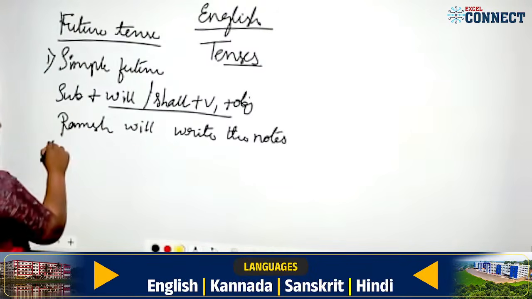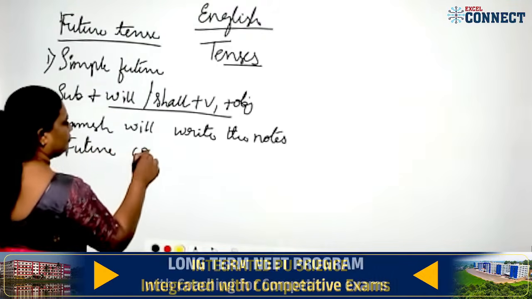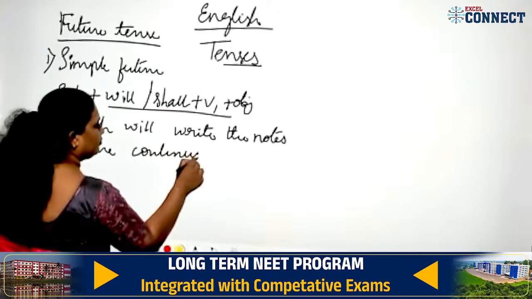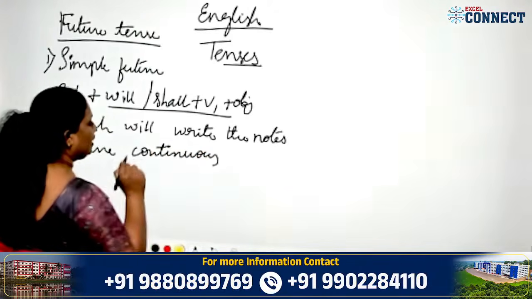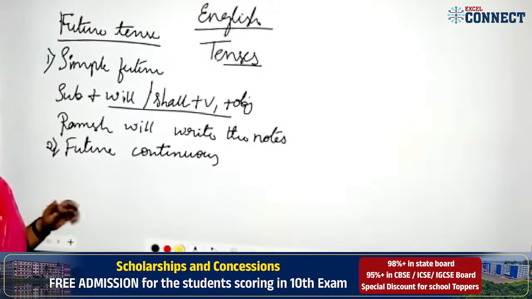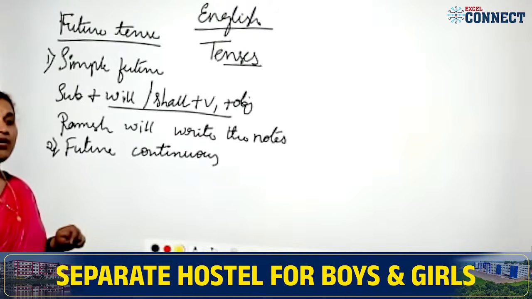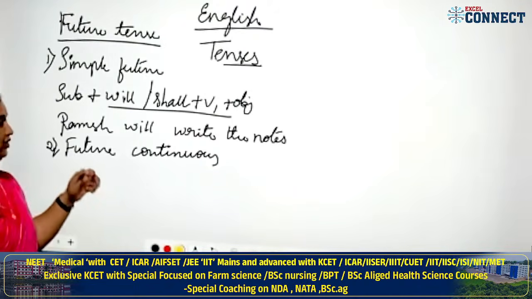And the second one is future continuous. So this is future continuous tense, where the action will start in the future and there will be a continuation in the action.